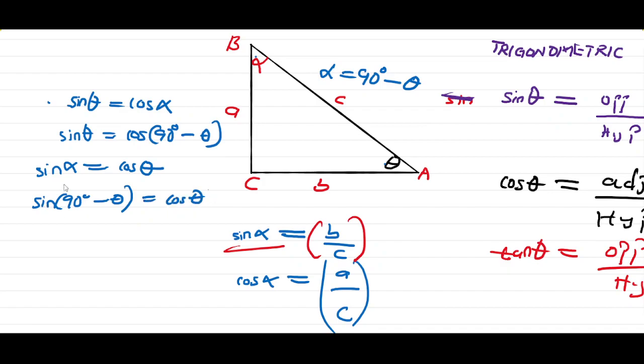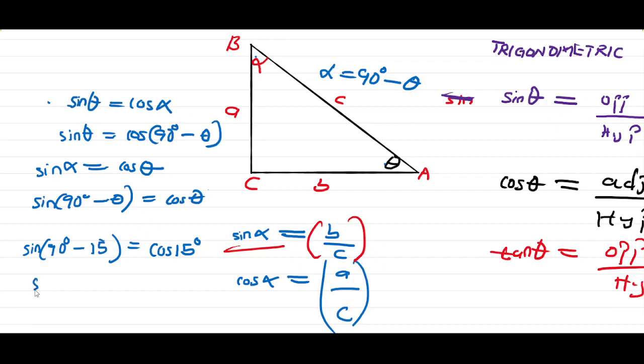Now the reason for this identity is that if you have sine of 90 degrees minus 15 degrees, this is equal to cos 15 degrees, because we say sine of 90 degrees minus theta is cos theta.